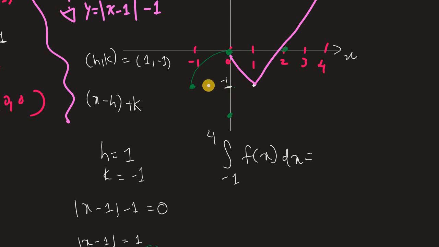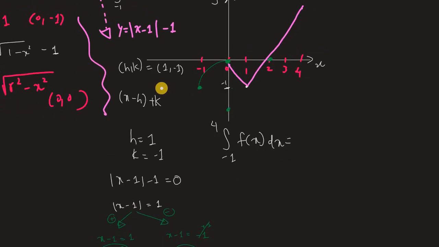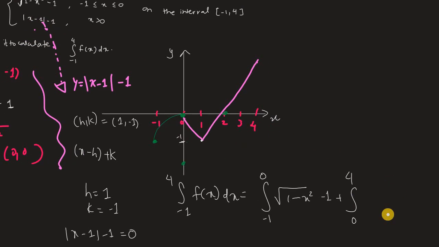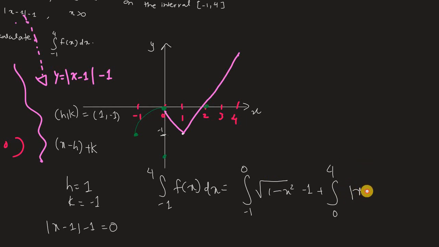From -1 to 0, this is the function, so you set your integral from -1 to 0 and write this function, the square root of 1 minus x squared, minus 1, and then plus, from 0 to 4, you have this function, the absolute value of x minus 1 minus 1, and then dx, not forgetting the dx.